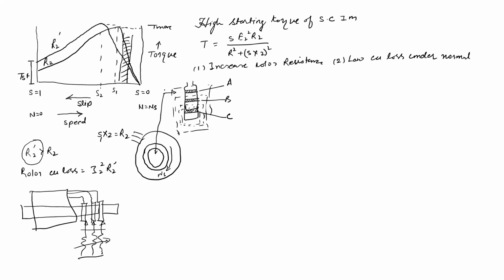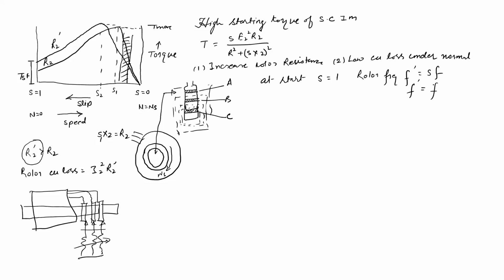Now, at the time of starting, slip S is equal to 1. So the rotor frequency f dash is equal to S into f, which is equal to f only.